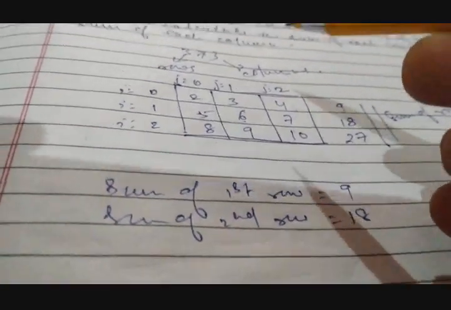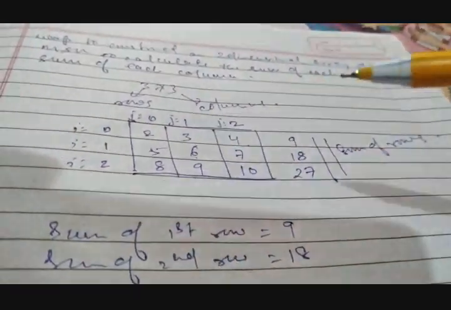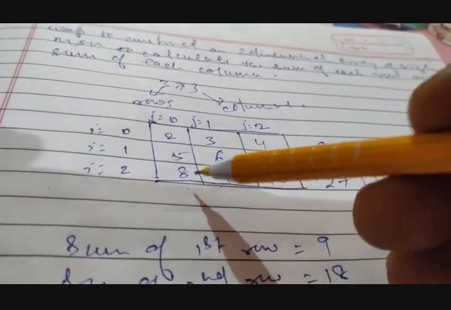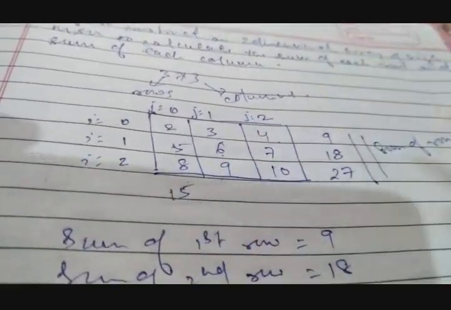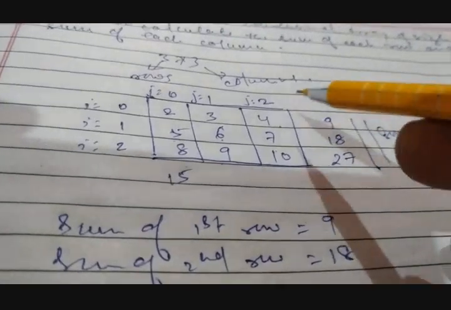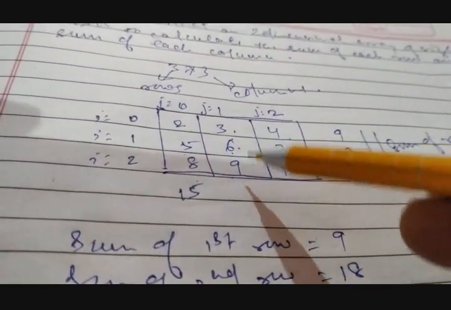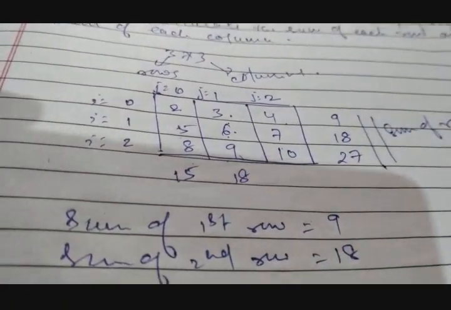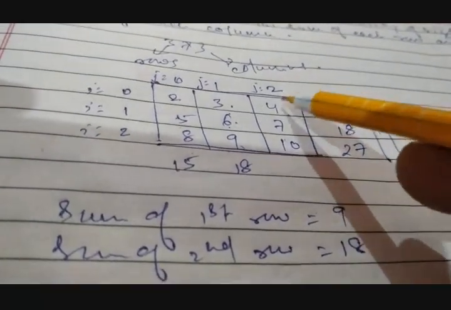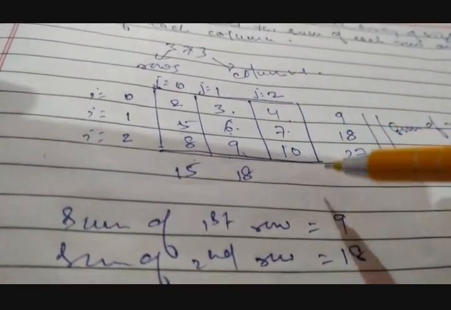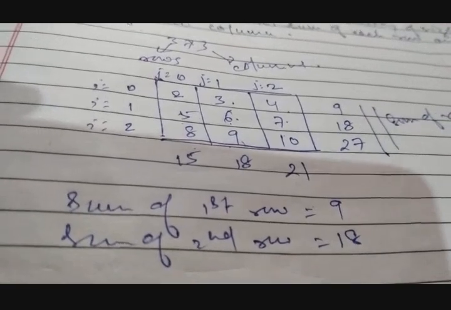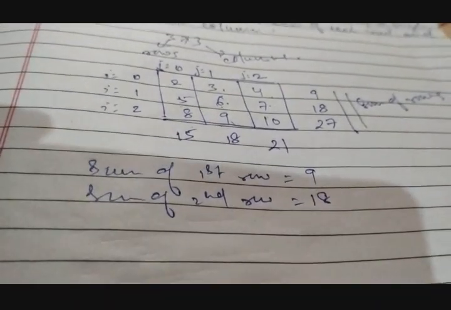Now moving on with the columns. 2, 5, 7, 7 plus 8, 15. You got here 15. 3 plus 6, 9, 9 plus 9, 18. Another column: 4 plus 7, 11, 11 plus 10, 21. So you have to print the answer like this.